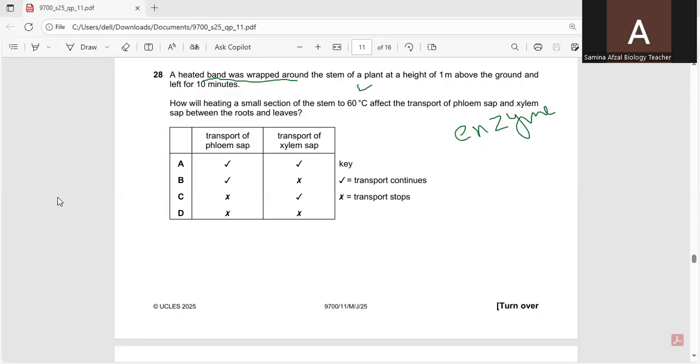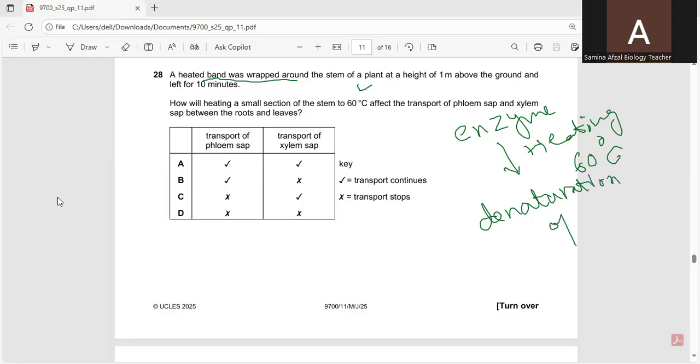So heating the stem to a high temperature, which is 60 degrees centigrade, will lead to denaturation of enzymes, due to which translocation will not take place.